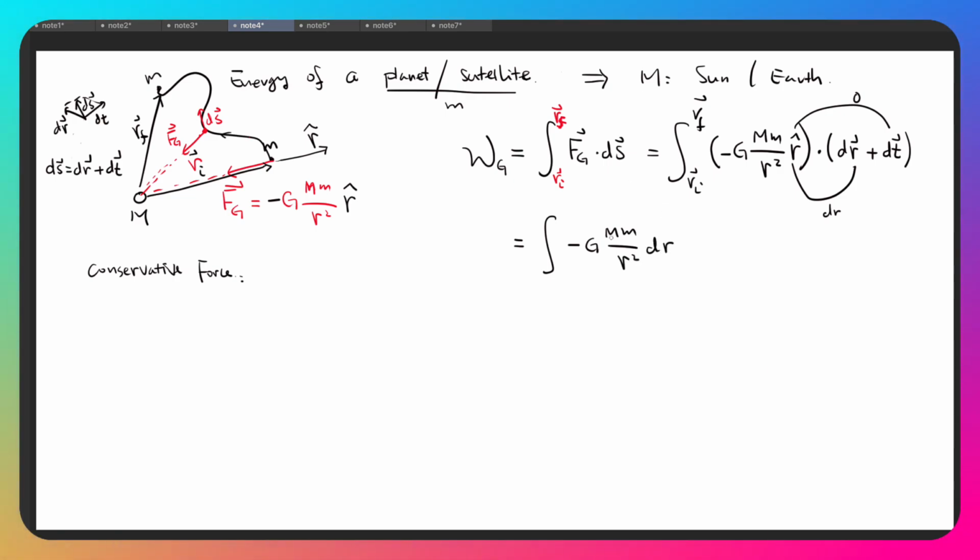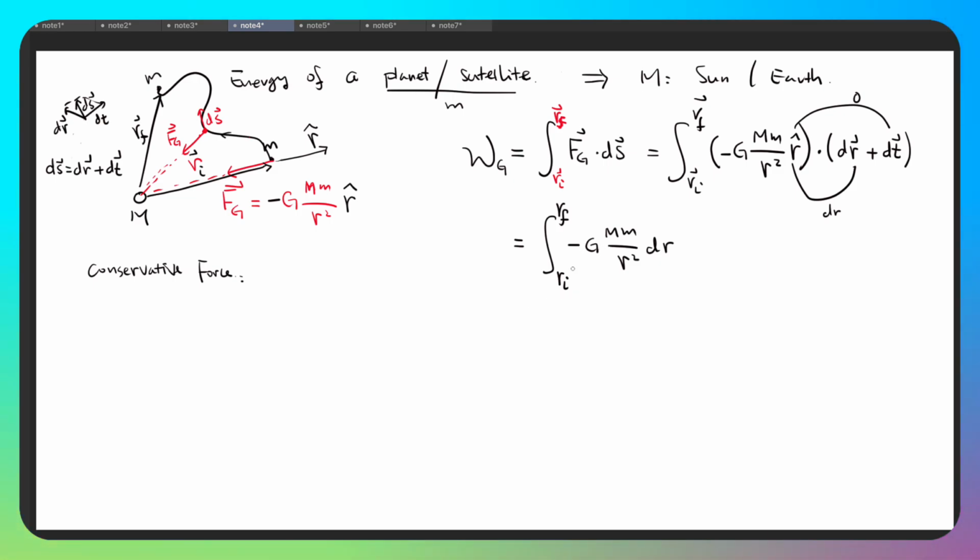Now we see there's no dependence on the direction of r. It only depends on the magnitude of r. So that's why I can change the lower bound to just the magnitude r i, and the upper bound to just the magnitude r f.